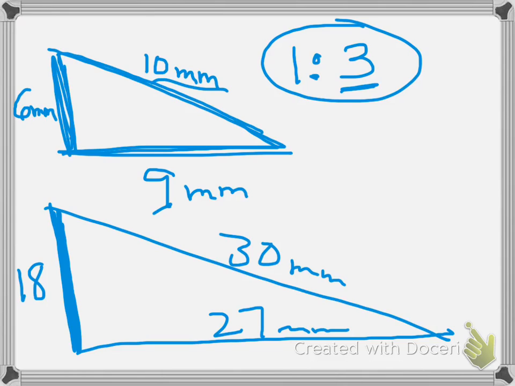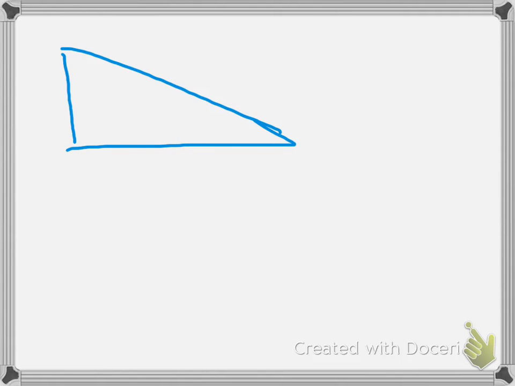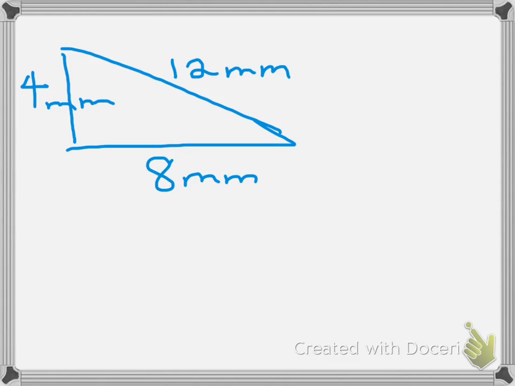Okay? Now, if they tell you to have a scale ratio of, let's do another example. Let's say I have a triangle, and I have, let's say, 4, 8, and 12 millimeters when I measure. And I want to draw a triangle that has a scale ratio of 4 to 1. Okay, now I'm going down by a factor of 4.